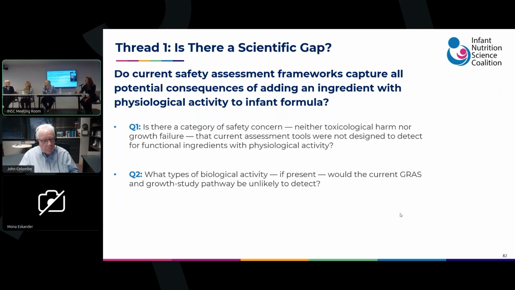But I think we also need to build on the experience you talked about. I know Paul's going to have a heart attack when I mention the word claims, but we do know that part of adding these will lead to the use of a structure function claim.